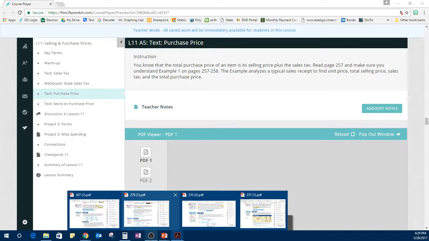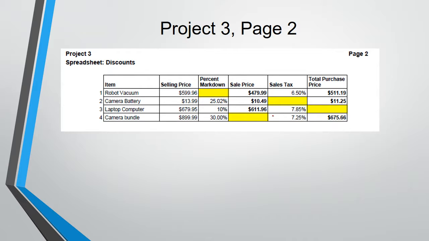Alright, so first, we need to use sales tax equals sale price times the sales tax rate. So the laptop computer, we have the sale price of $611.96. Now we're going to multiply by the sales tax rate of 7.85%.